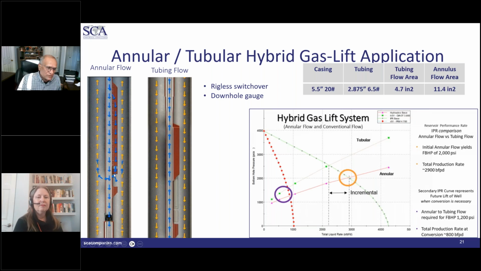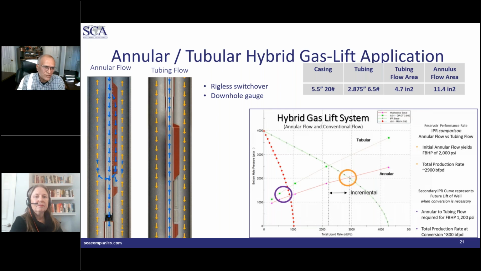Going back to the cost question, the main cost would be if you have to pull out, because earlier it used to be the case that you could have annular flow with one type of coating on the mandrel, and tubular flow with another type of coating on the mandrel.